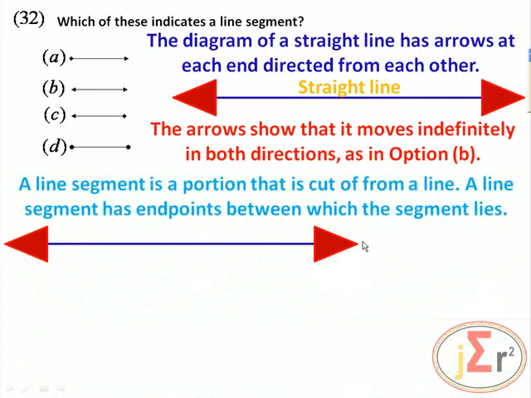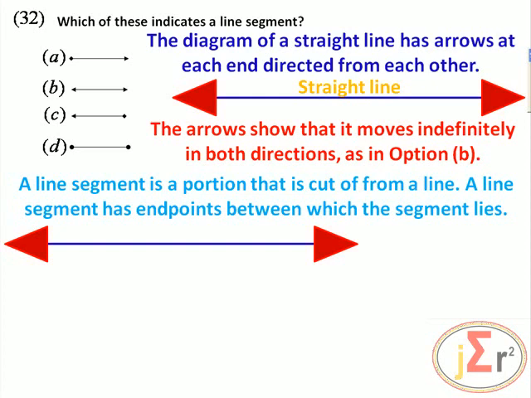A line segment is a portion that is cut off from a line. A line segment has endpoints between which the segment lies. So the segment is a portion of a line, and it has endpoints.